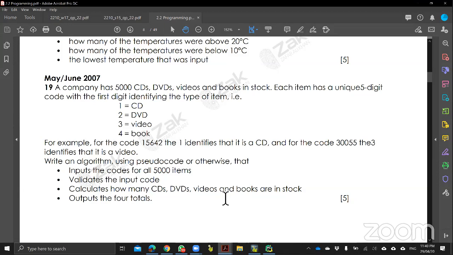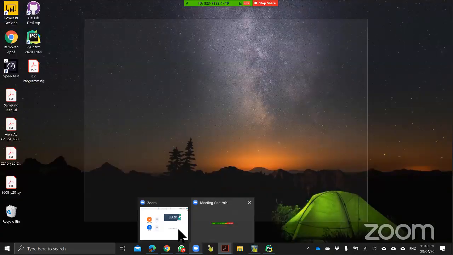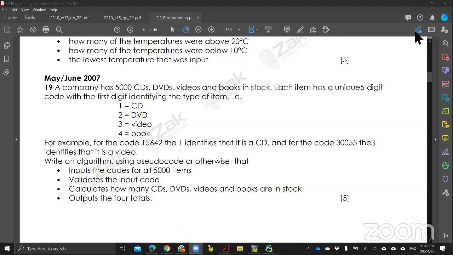If you add up these 4 different counts, they will become 5,000, because out of 5,000, a few are CDs, a few are DVDs, a few are videos, and a few are books. So now let's discuss this question.